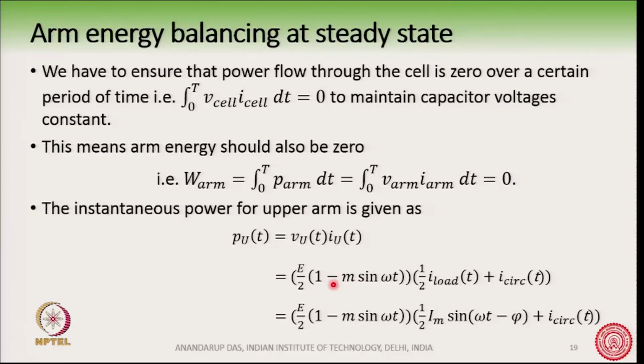What is I u(t)? Just now we had derived, it is half I load and the I circulating. So, we have two expressions here and we multiply them term by term.